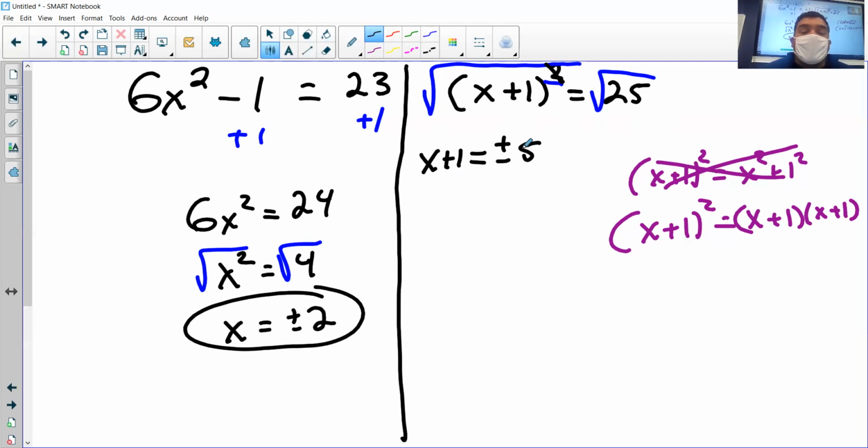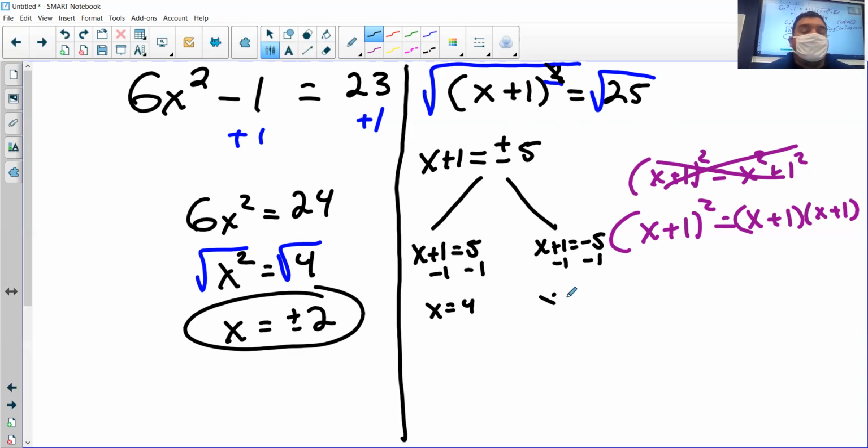So we're gonna have to subtract, but this is positive 5 and negative 5, so I'm gonna split it up into 2 separate things. X plus 1 equals the positive version, 5, and then x plus 1 equals the negative version, which is negative 5. Subtracting 1 from positive 5 gives you a 4, while subtracting 1 from negative 5 gives you a negative 6.